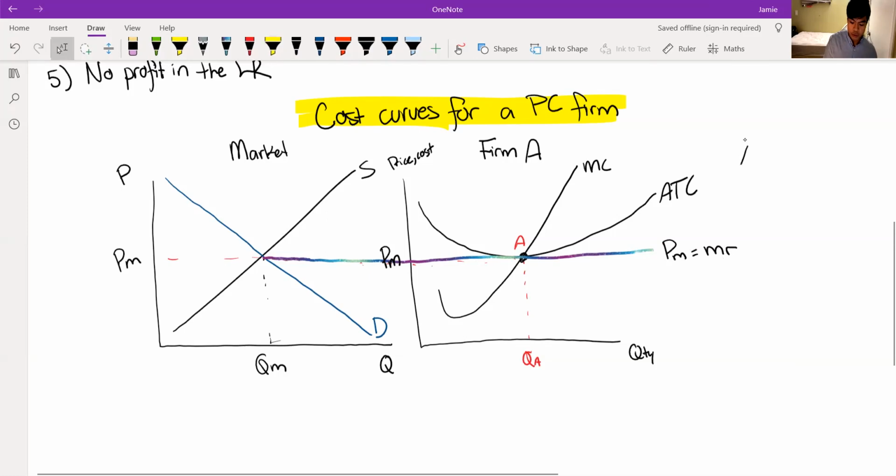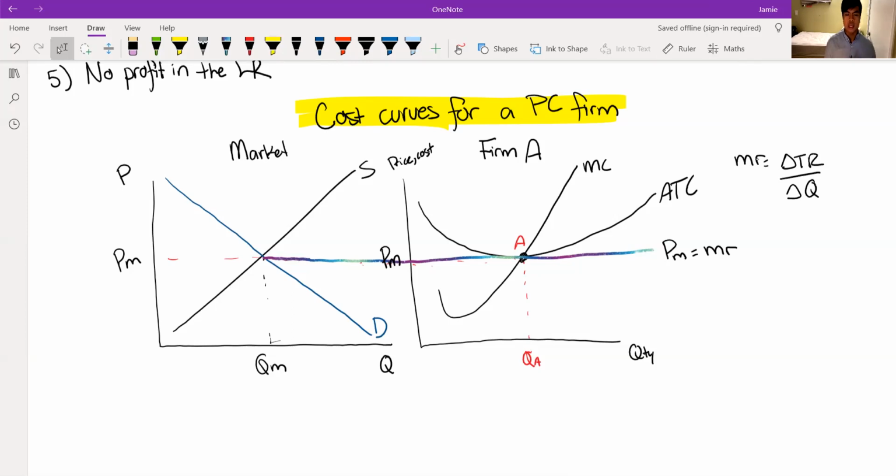What is marginal revenue? Marginal revenue is equal to the change in total revenue over change in quantity. So what is our change in total revenue? Well, that's price times quantity. What is our price? What's the market price? And so any change in total revenue is simply the market price.